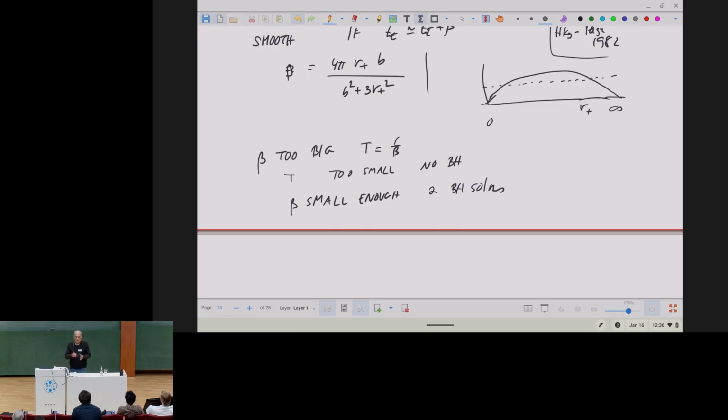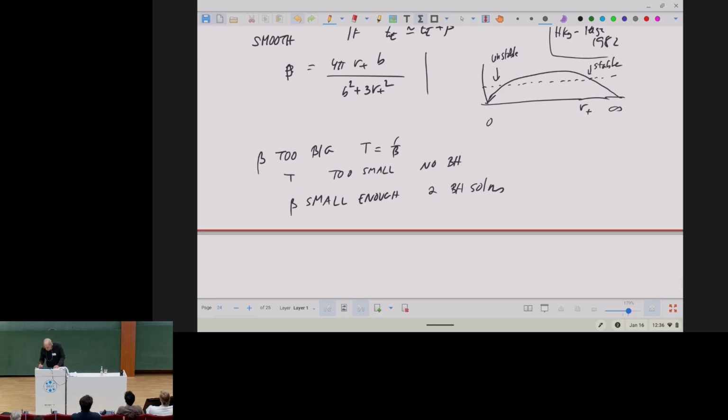If r plus is very little, we basically have a flat space black hole that happens to be embedded in anti-de Sitter space. But we know that the asymptotically flat black hole is unstable. Remember, it had negative specific heat. So that suggests that this small r plus solution is unstable, and the large r plus solution is stable.